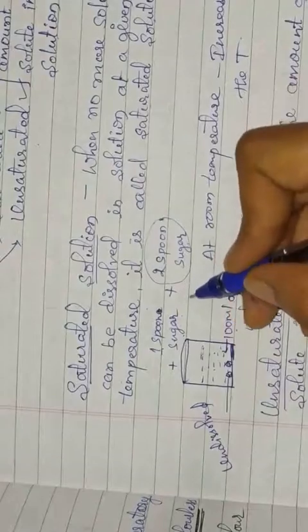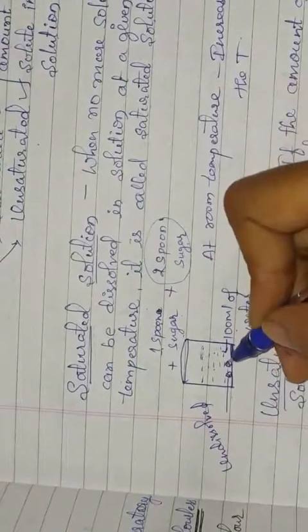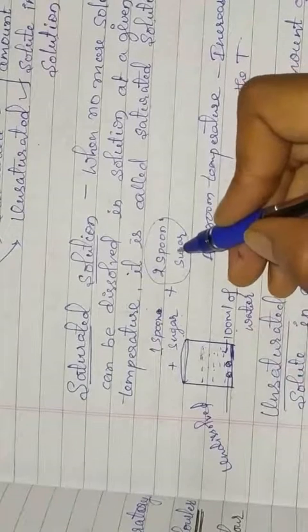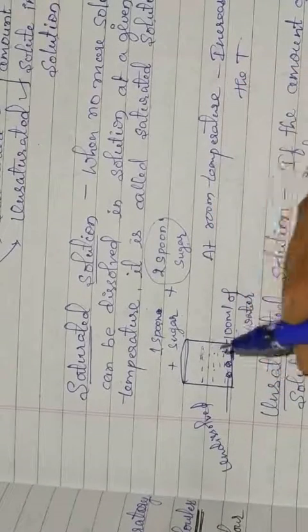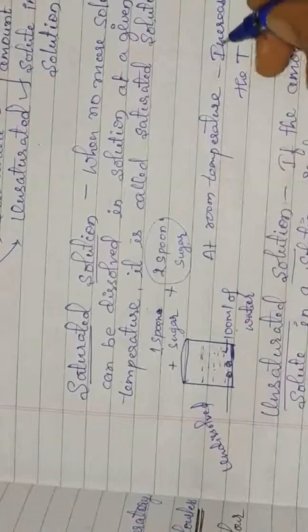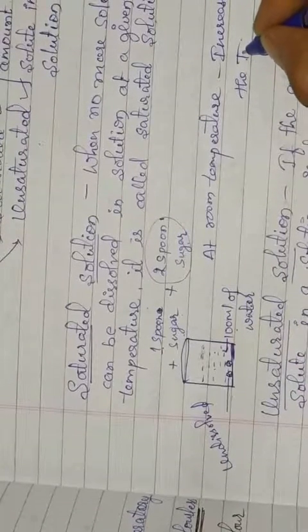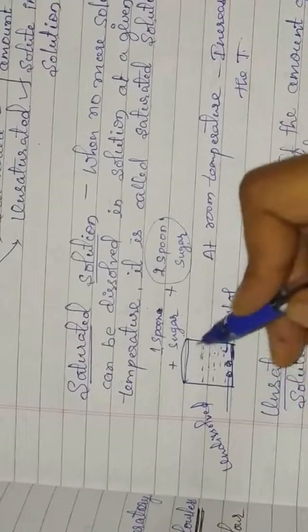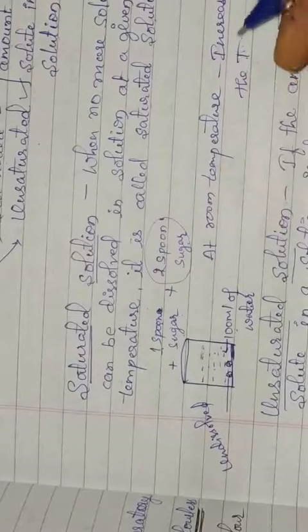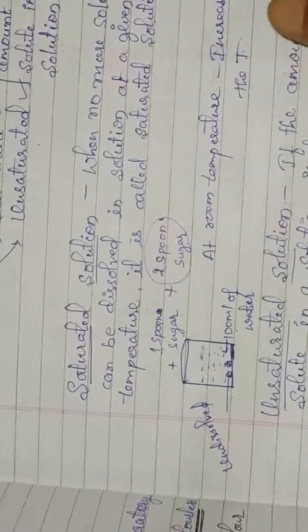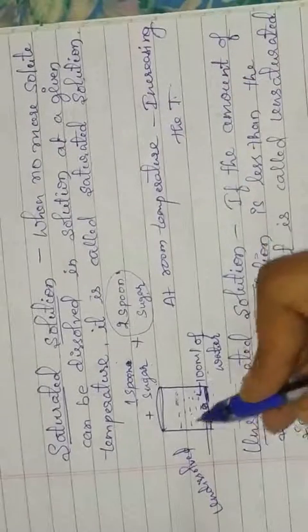The added sugar is dissolved in water. When this solution is heated, on adding one more spoon of sugar, that sugar will dissolve in this solution.